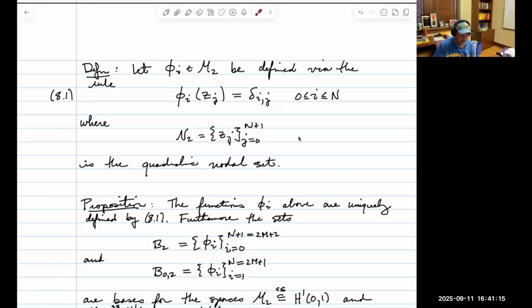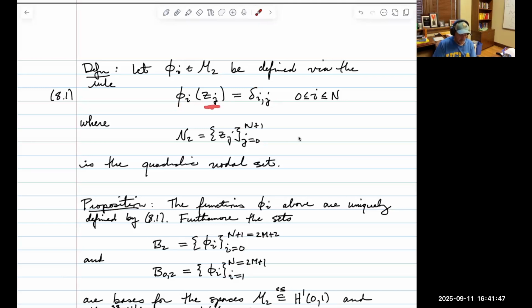That means if i and j are equal, then this is just going to be 1. And if they're not equal, then the value of the Kronecker delta symbol is just 0. So it's just saying phi i is basically turned on at the ith nodal point, and it's 0 at all other nodal points. That doesn't mean it's identically 0 everywhere except for the ith nodal point. I'll show you what these functions look like momentarily.